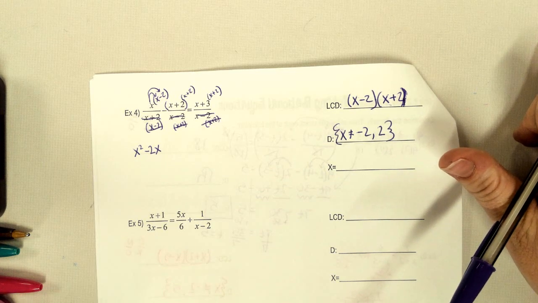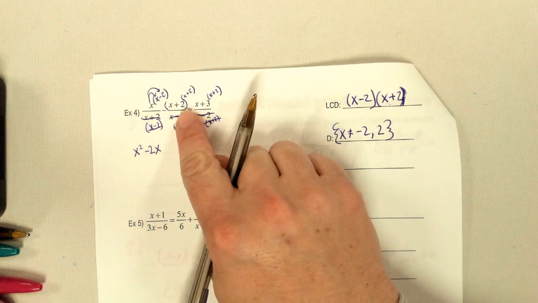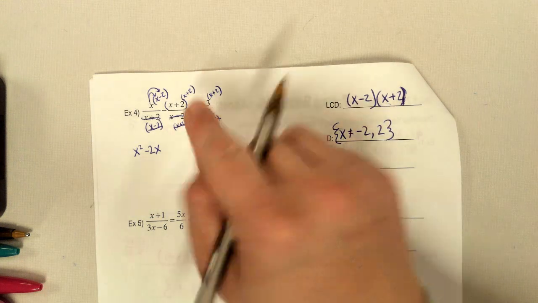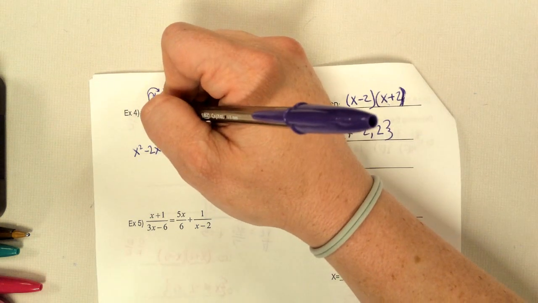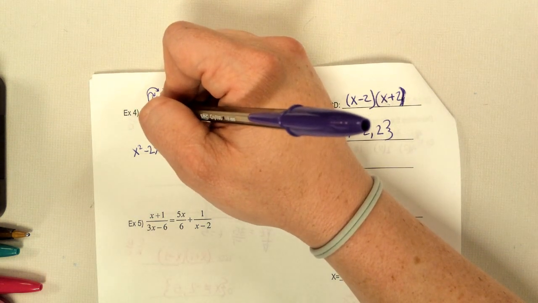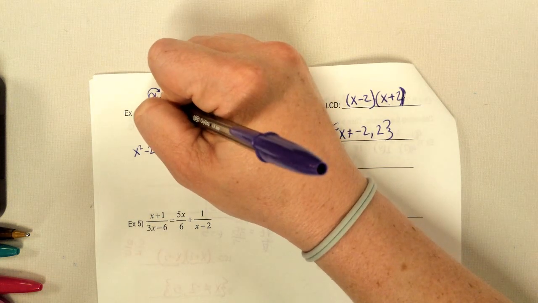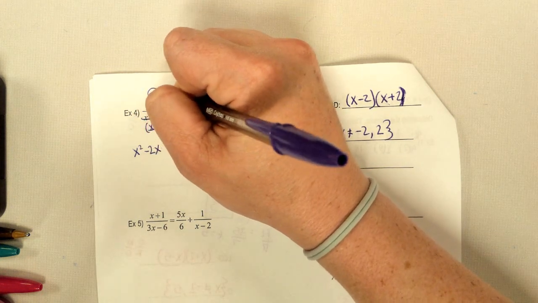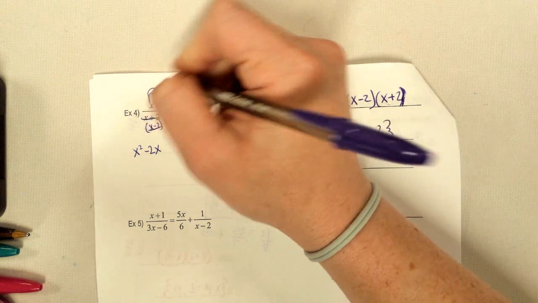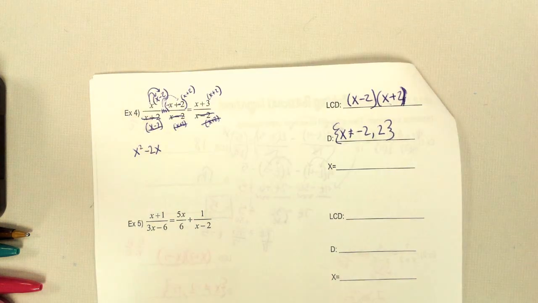So you could just put it in front and it was fine. However, these both have 2 terms, so we can't do that. So I like to distribute it first and not later because if you forget, then you have the wrong answer. So I'm going to distribute this negative, and I get negative x minus 2. And then I'm going to cross off the negative because I've distributed it and I don't have to worry about it now.